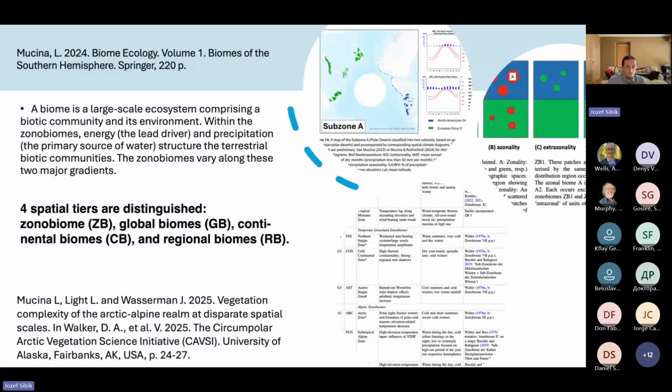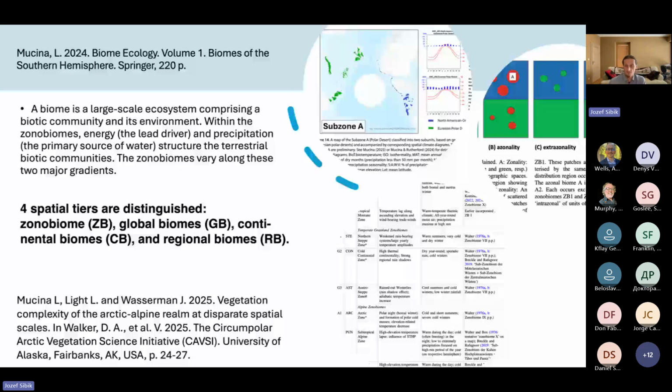However, there is another system, the biome system, about large-scale ecosystems comprising a biotic community and its environment that is driven by energy, by temperature and humidity. And there are 4 spatial tiers distinguished: zonal biomes, global biomes, continental biomes, and regional biomes.